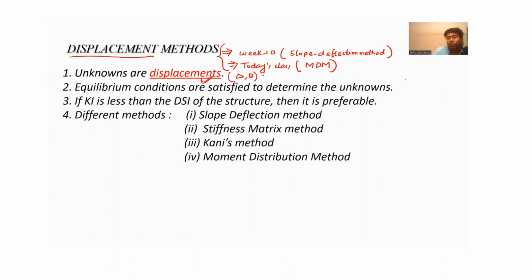Or suppose in this frame, let this be joint 1, let this be joint 2, and this be joint 3. So when you will calculate the Ki, you will get at this joint 3 degrees of freedom: 1 along X, 1 along Y, and 1 rotation.